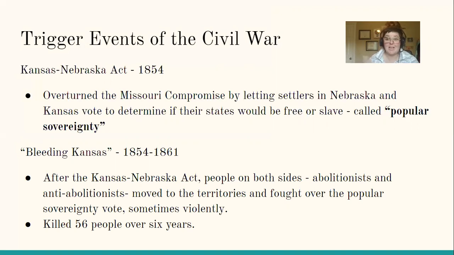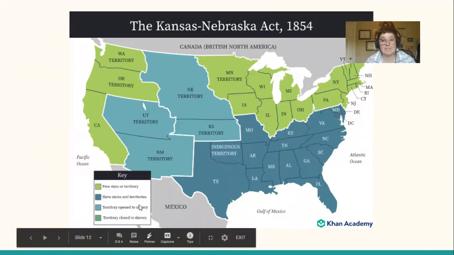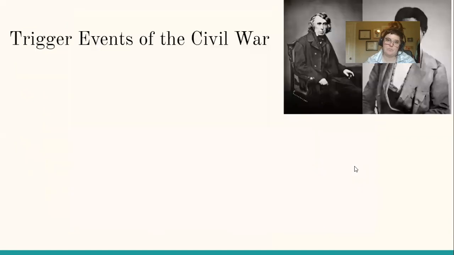It was a lot of violence over this argument. So you can see here, this is in 1854, the Kansas-Nebraska Act. It's gotten rid of that 1820 compromise, right? And now we have these new territories that are open to slavery through popular sovereignty, versus this green, which is the free territory, and blue, which is the slave states and territory. Okay.